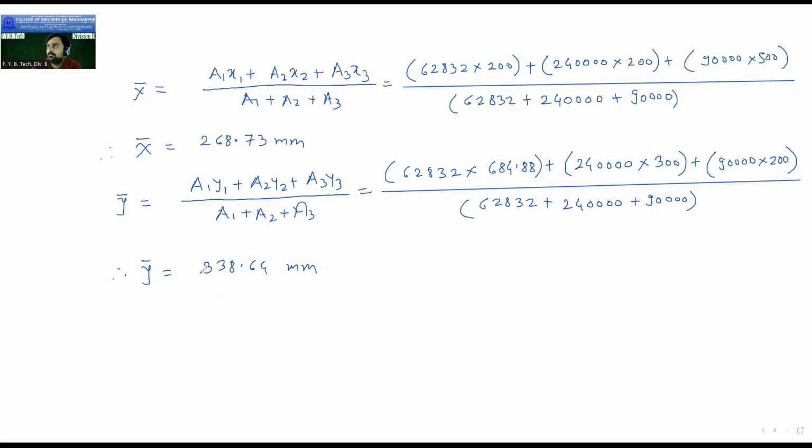Is it right? x bar is equal to 268.73. Okay, so the x bar value is correct, it is confirmed. So now check the y bar value, is it right?